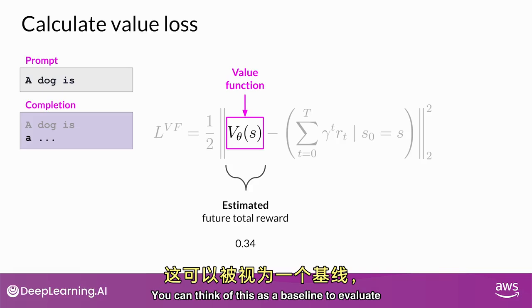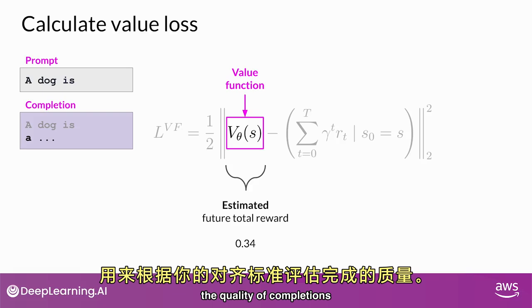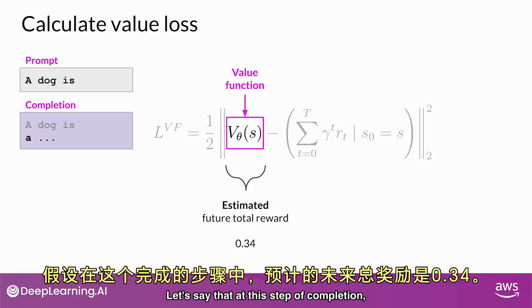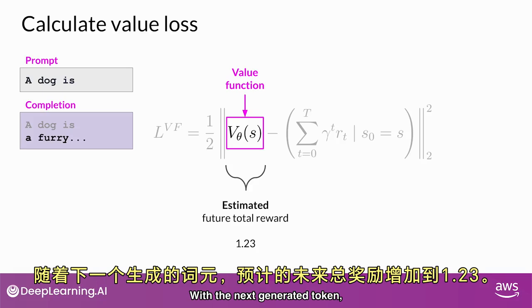You can think of this as a baseline to evaluate the quality of completions against your alignment criteria. Let's say that at this step of completion, the estimated future total reward is 0.34. And with the next generated token, the estimated future total reward increases to 1.23.